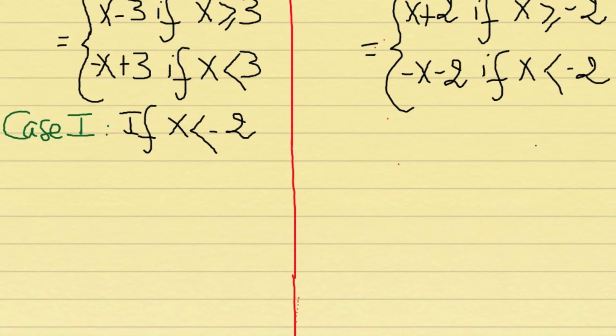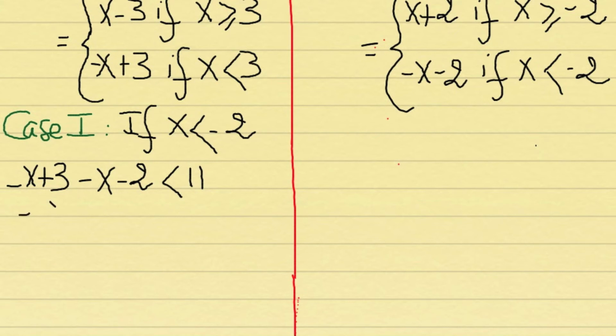So our inequality will become negative x plus 3 plus negative x minus 2 less than 11.